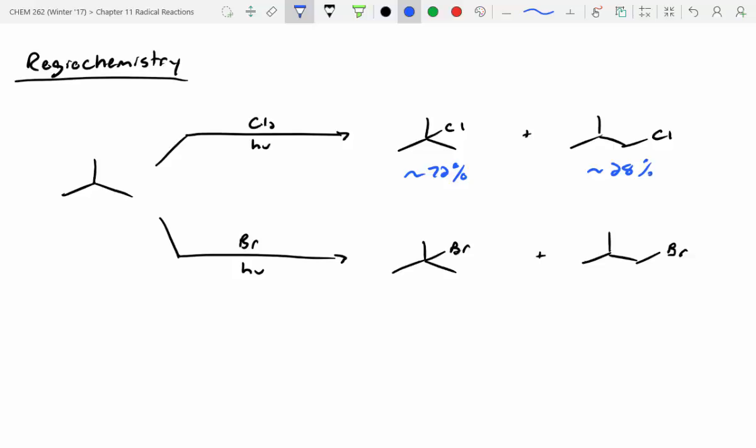With bromination, it's approximately 100% our desired product, and approximately 0% of that undesired product. So the moral of this story, bromination is a lot easier to do. Chlorination is known as a promiscuous reaction, meaning the chlorine will end up attacking any carbon that's really available, and you get this statistical mixture of products out of it. Where bromination is really selective. It's only going to attack that most stable position.